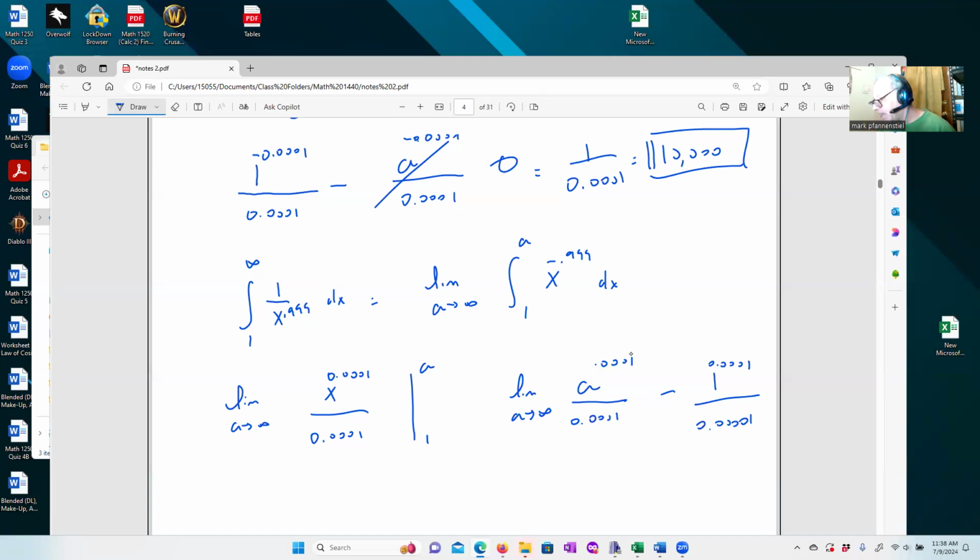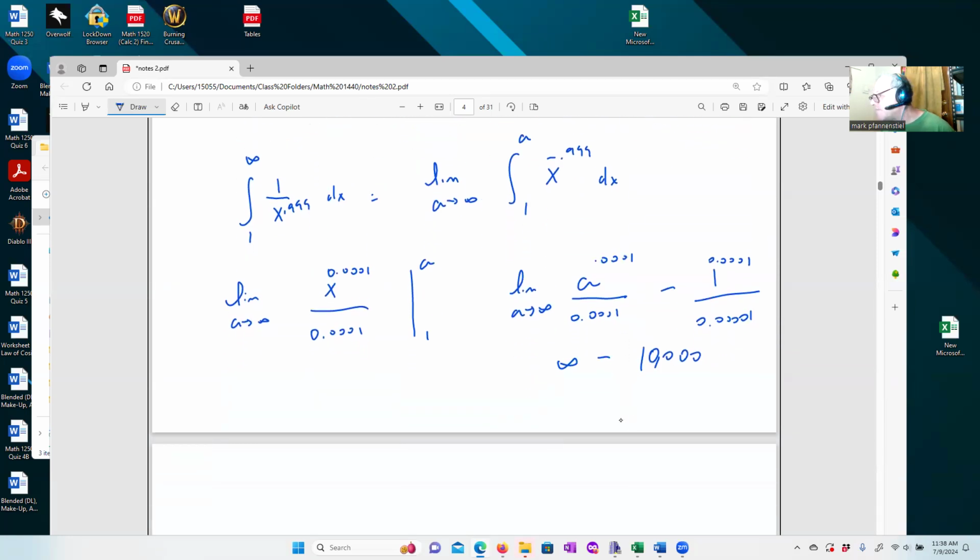So this is going to be infinity minus 1, minus 10,000. But infinity minus 10,000, we don't care about 10,000. It's just going to be infinite. This integral diverges. That's all we have to do with that. Once we know it diverges, we don't evaluate anymore.